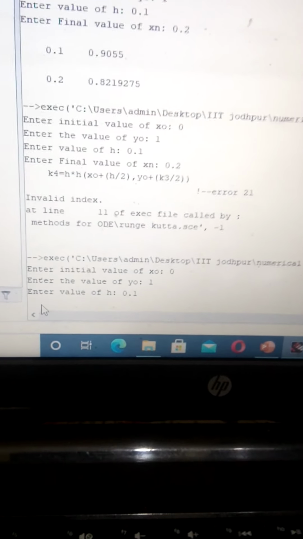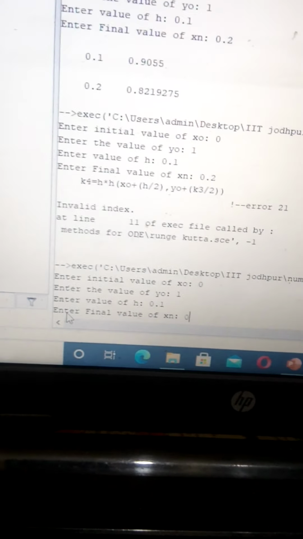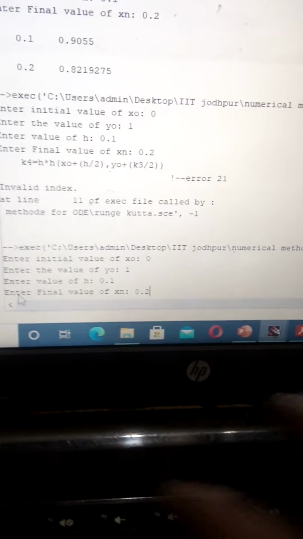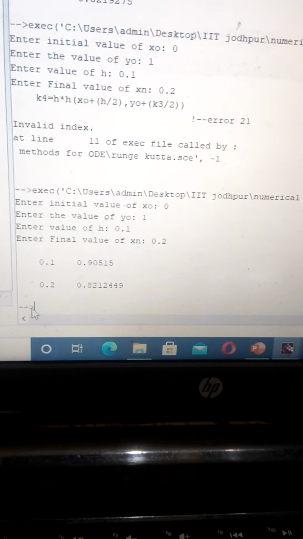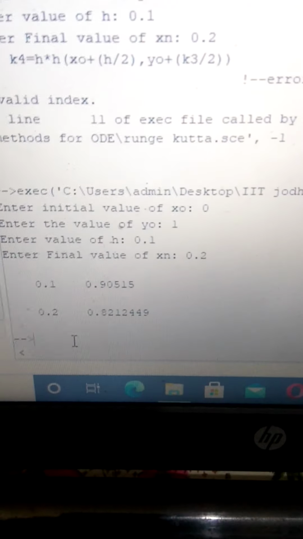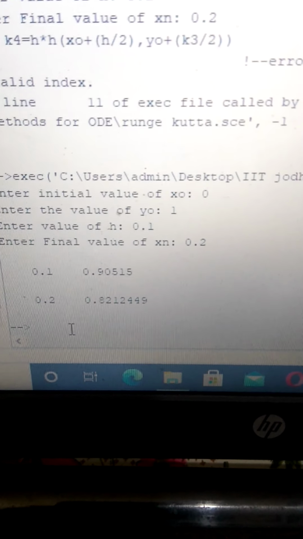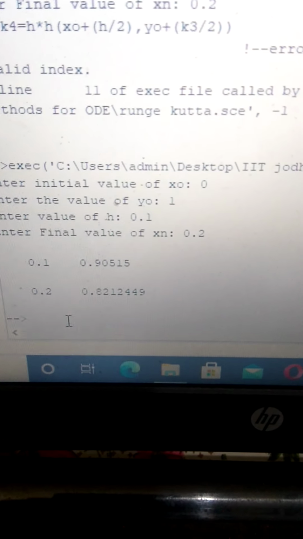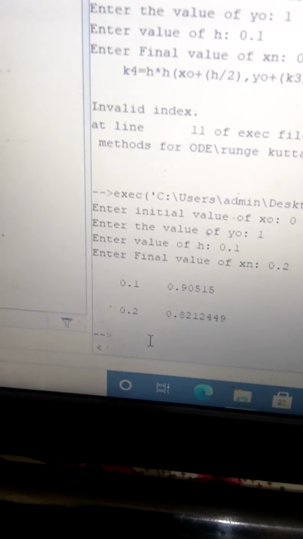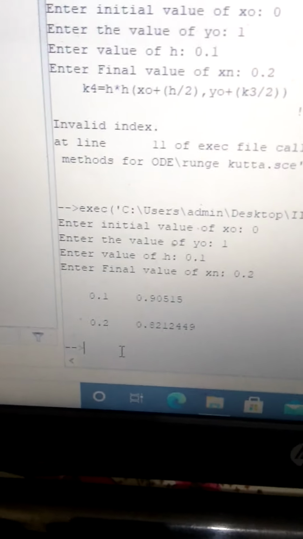So I wrote 1 and then I write 0.1 and then 0.2. Now let's see. See, we got y at x equal to 0.1 is 0.90515, whereas y at 0.2 is 0.82124. For the tally of your answer, it's matching, right? So, thank you.